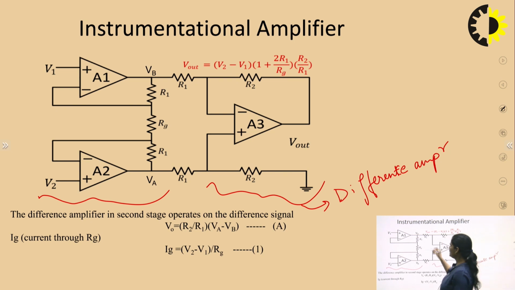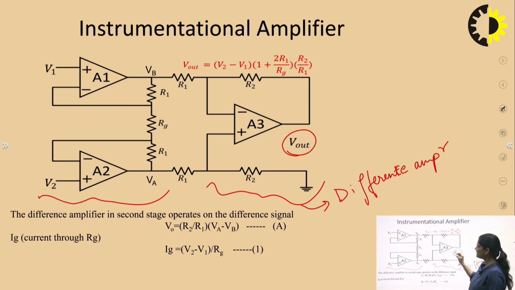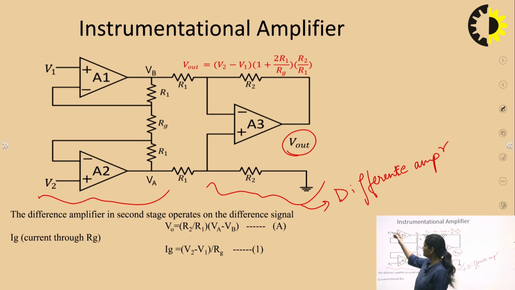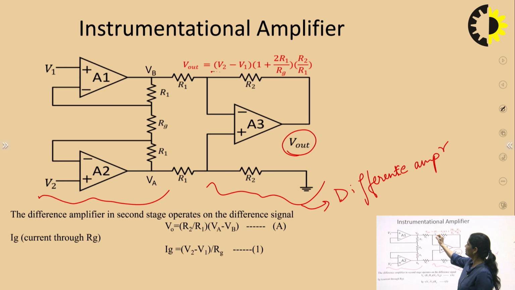These are the inputs of this difference amplifier, which you can consider as VA and VB, and the two non-inverting circuits are connected to the input terminals of this difference amplifier. The output voltage depends on the input voltages V1 and V2, the difference of V2 and V1.